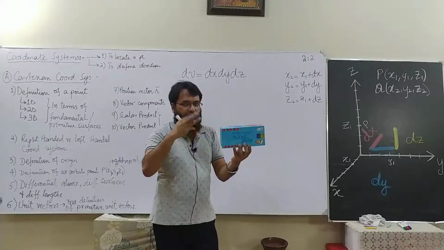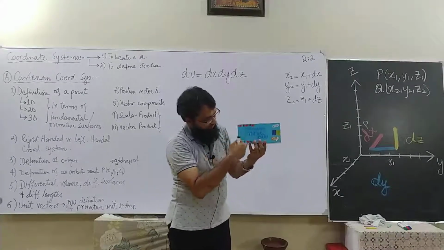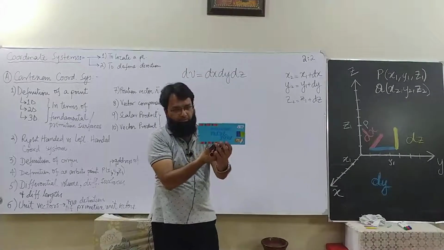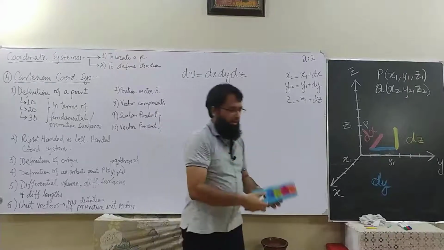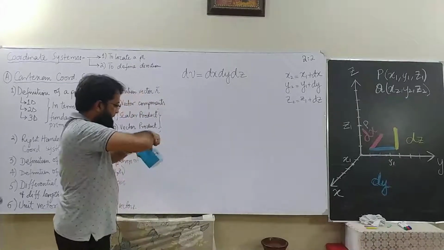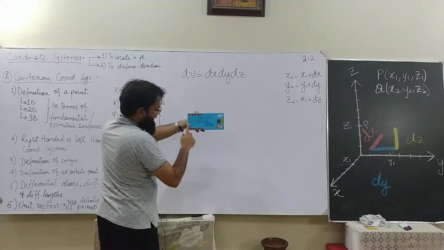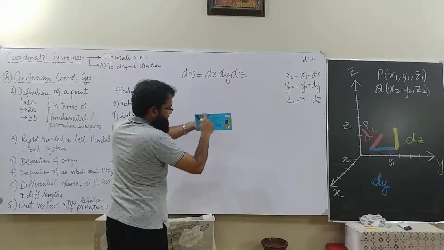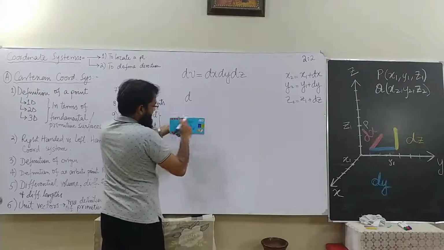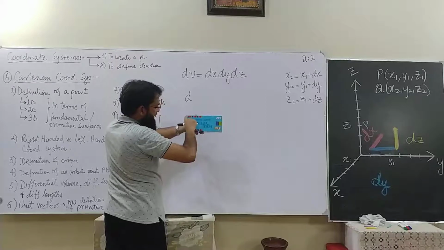But there will be 3 differential formulae for each plane. Okay, because the area of this front plane is same as the area of the back plane, area of the top plane is same as the area of the bottom plane, and area of the left plane is same as the area of the right plane. So let me say that this plane over which the value of x is constant, which will be a differential surface, obviously formed by differential height and width.